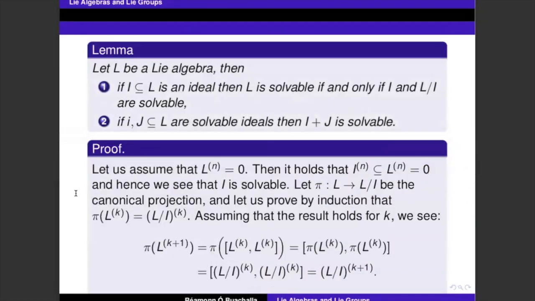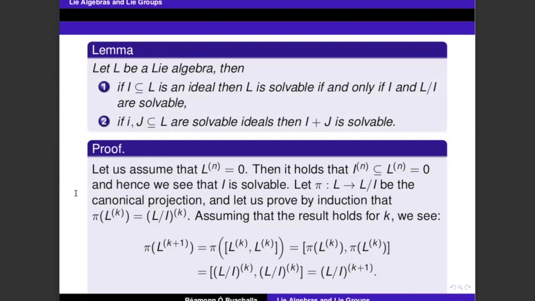So let L be a Lie algebra. It's the first lemma about solvable ideals. So if I is an ideal, then L is solvable if and only if I and L over I are solvable. So it's a technique for checking if something is solvable.